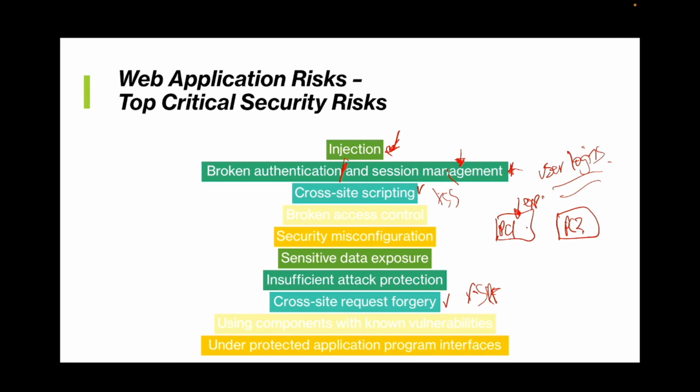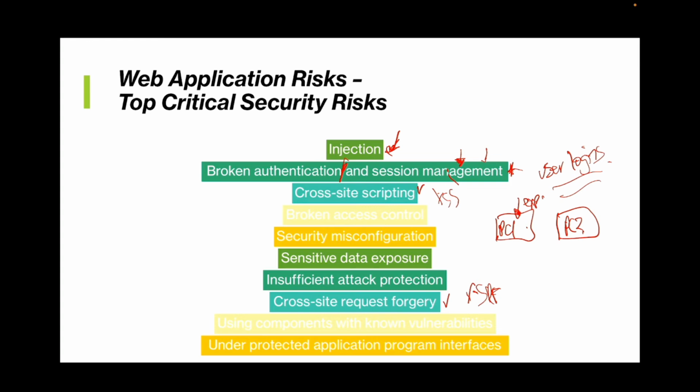Because if it allows several or multiple logins at a time, there is a higher risk that, from the broken authentication, now two people have access. Say you are accessing your account and a hacker also has access to your account.